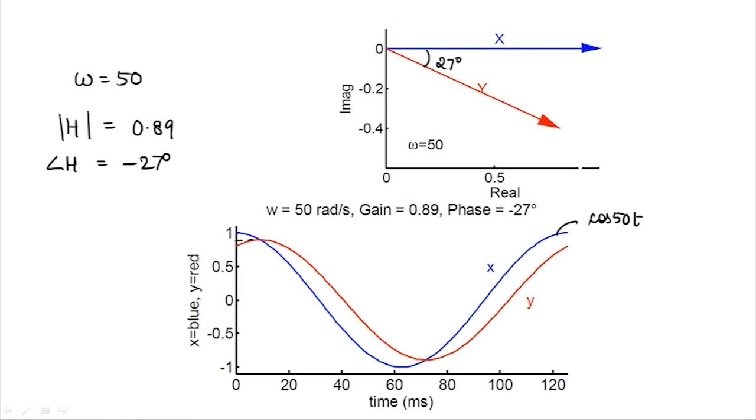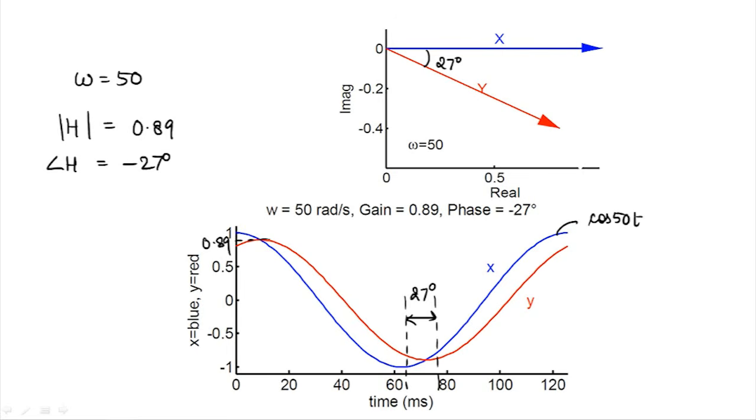Its amplitude is 0.89 times 1. So it's 0.89. And it has a lag with respect to x, by an angle of 27 degrees. If I look at the trough, say here is where the trough of the input signal comes, the trough of the output signal comes after a phase difference of 27 degrees.